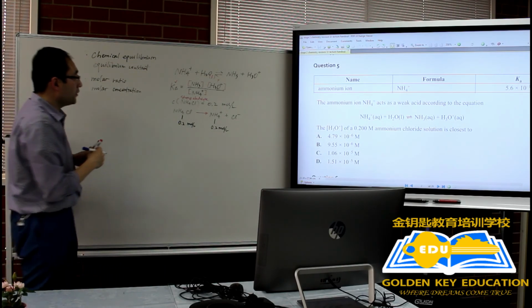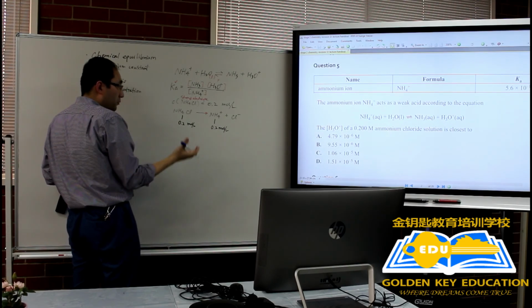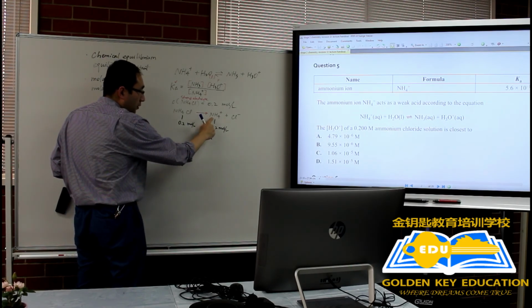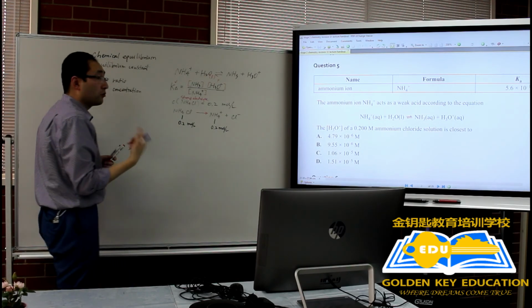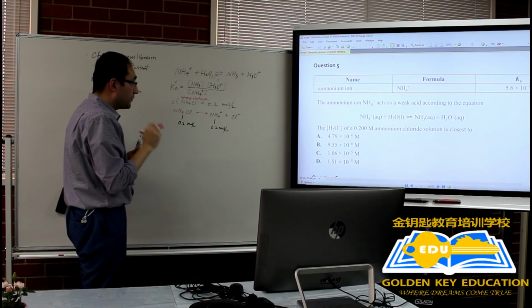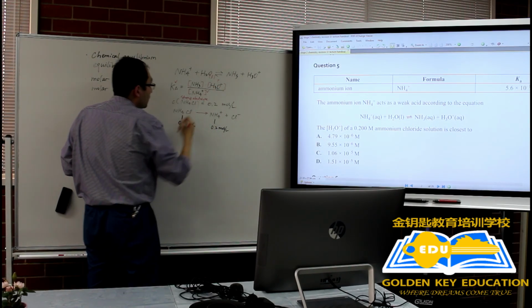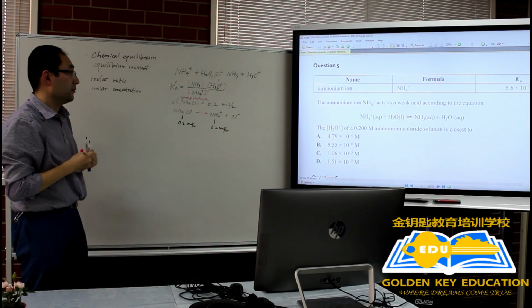All right, so this is something we have found by looking at the relation between the ammonium ion and the ammonium chloride. Up to this stage, we have just found the concentration of the ammonium ion, right?